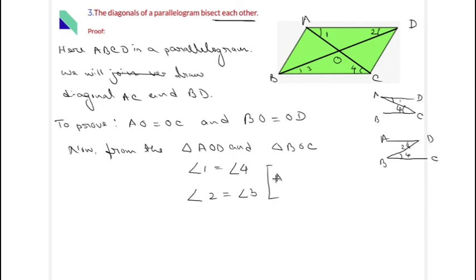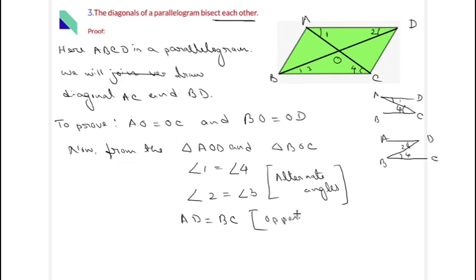So what is the reason here? Alternate angles. Okay, now we have to find a side which is equal. That means AD is equal to BC. Why? Because we have just proved that the opposite sides of a parallelogram are equal.